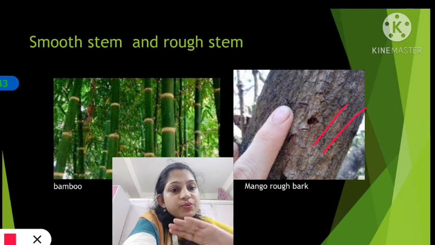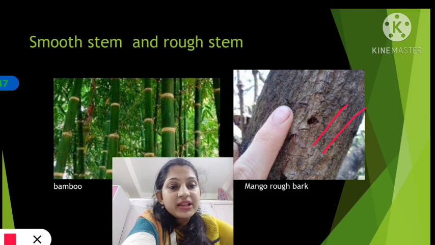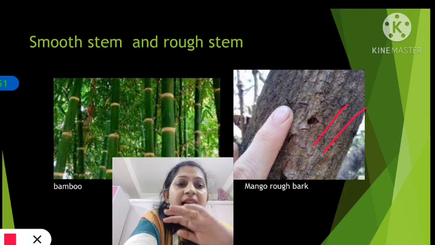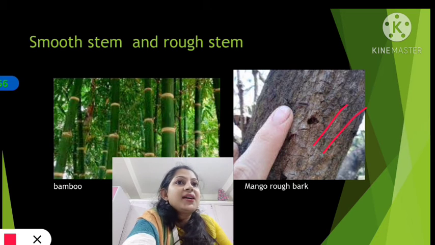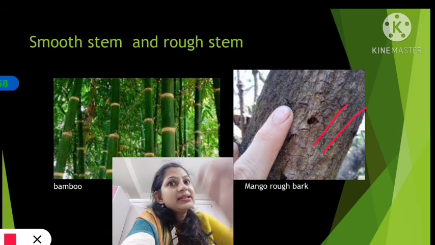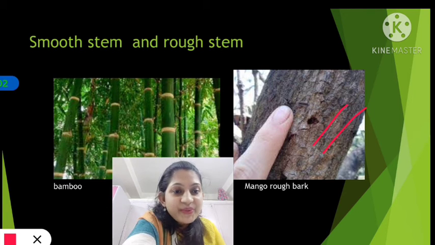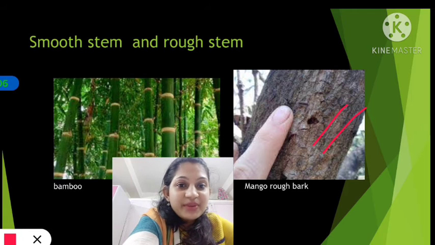If you move your hand like this, you will feel the roughness. And you know what is the meaning of rough? Rough means uneven surface. Smooth means very even surface. If you place a water drop, it is going to slide on a smooth surface, whereas on a rough one, it will not be able to do so.